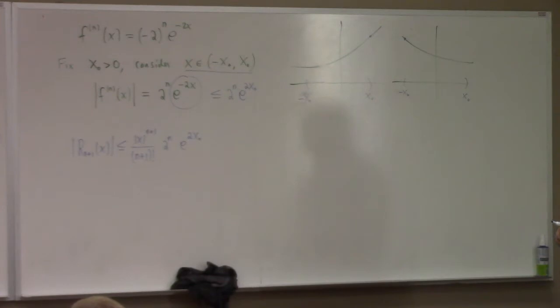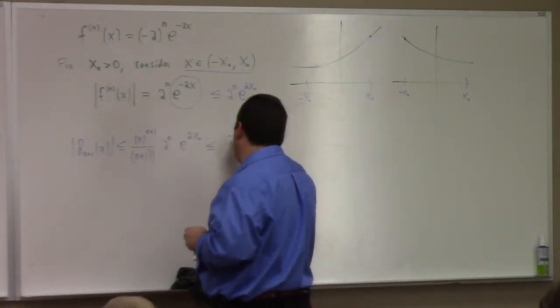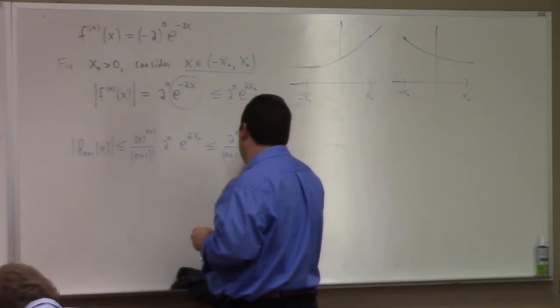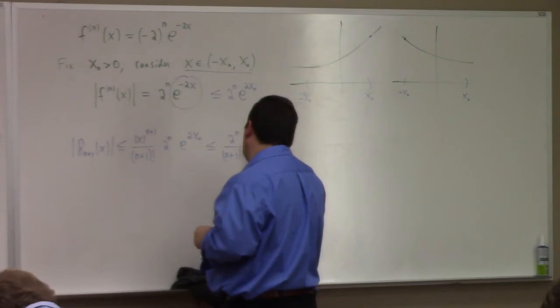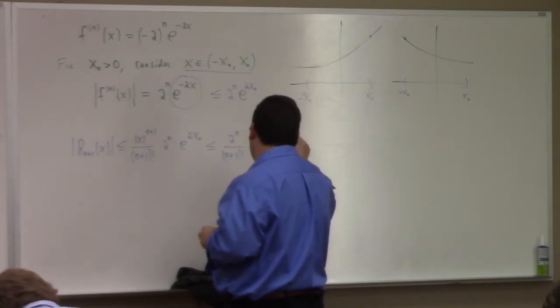And if you look at x, what's the biggest x can be? x to the n plus 1, what's the biggest that can be on this interval? Looks to me like we've got 2 to the n over n plus 1 factorial, x naught to the n plus 1, e to the 2x naught, right?